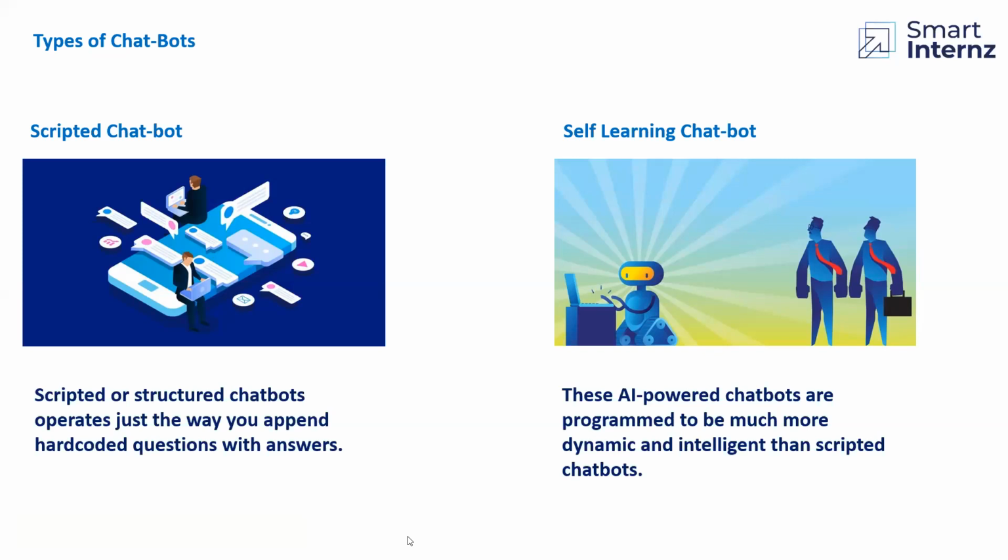Taking Myntra as an example, I want a refund for a shirt I purchased from Myntra. I will go to the order section, select that product, and click on the help section.